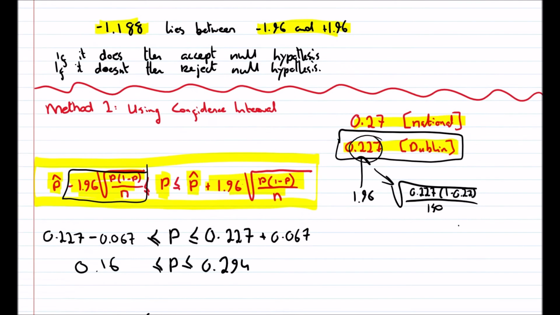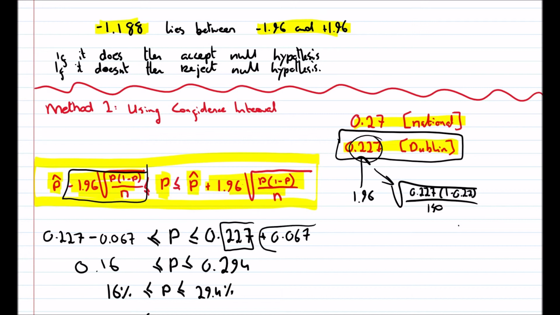Right, I'm going to change this into percentages just so it makes a little more sense. Okay, what that is saying is, in Dublin we found from our survey that 22.7% of kids got a B3 or more in their test.